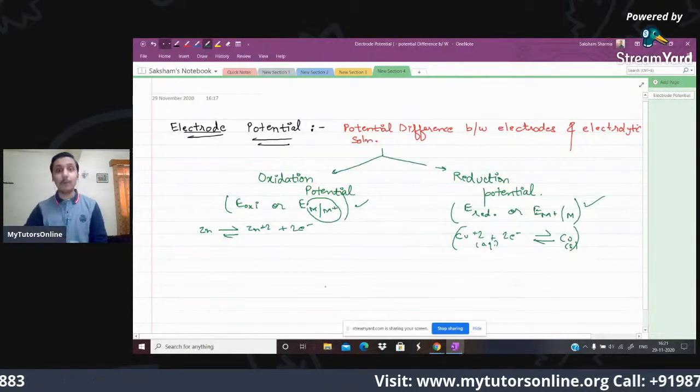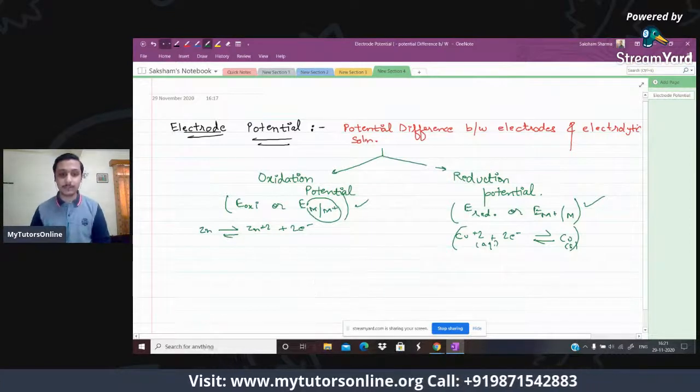Now we talk about standard electrode potential.